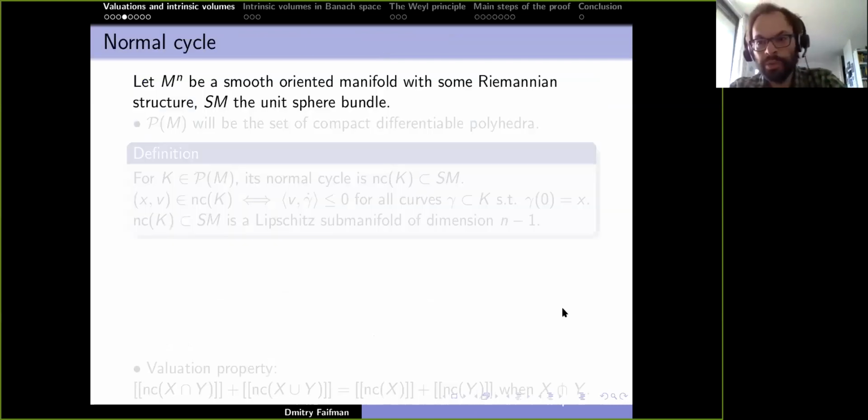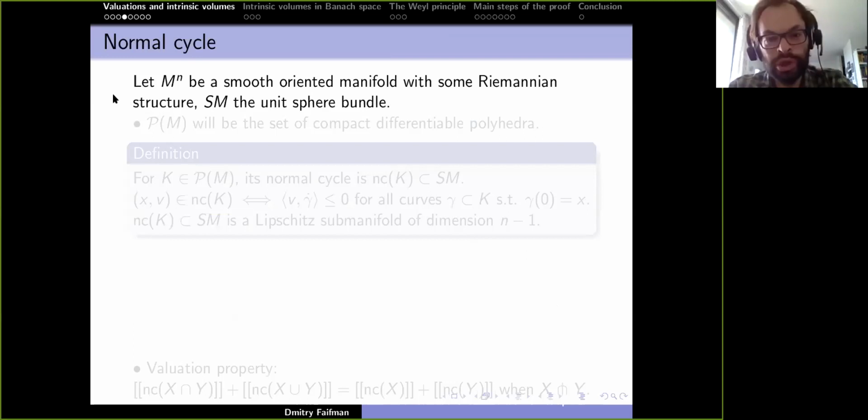Okay, and now we're passing to manifolds. And for this, we'll need to talk about the normal cycle. So I will talk in slightly less generality than full generality, but you will forgive me. M is assumed a smooth oriented manifold, and we will have some Riemannian structure fixed on it, and SM will stand for the sphere bundle.